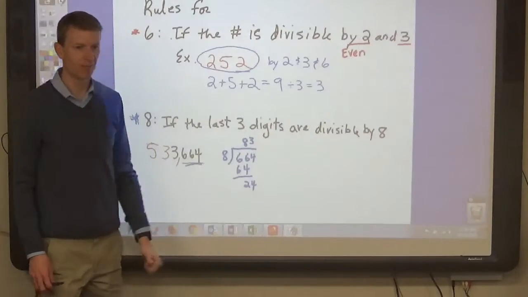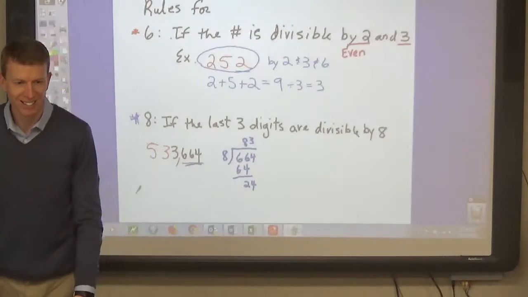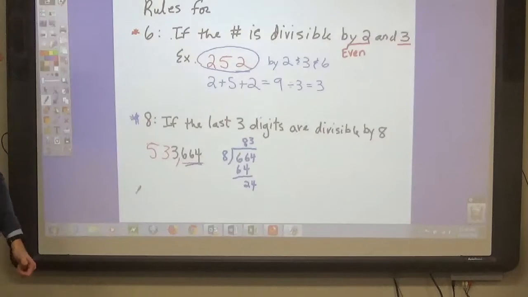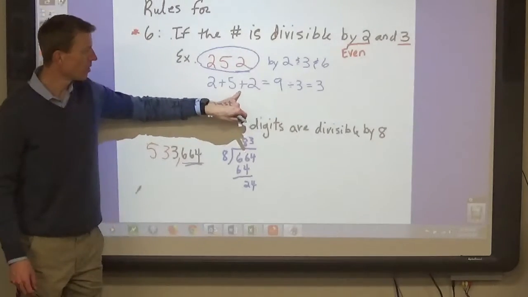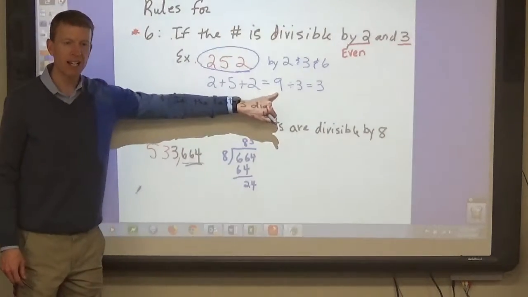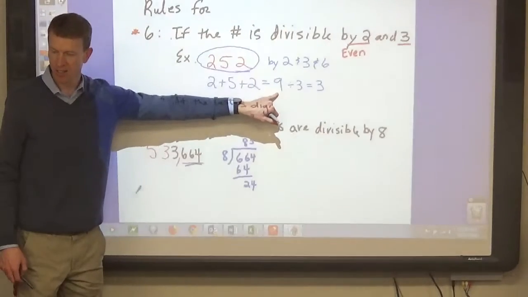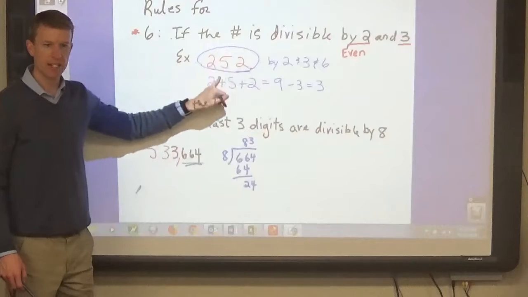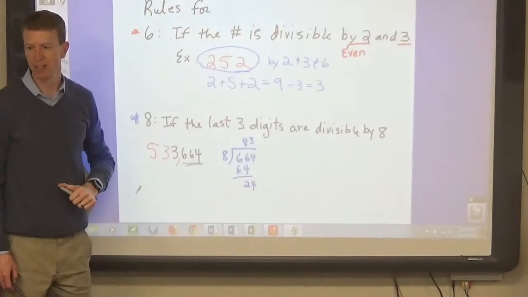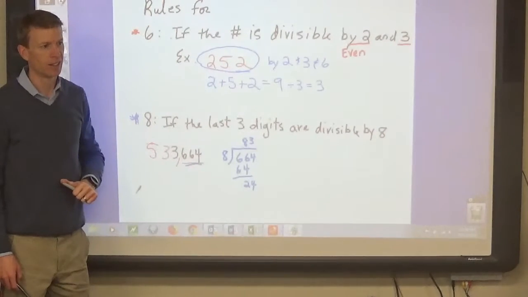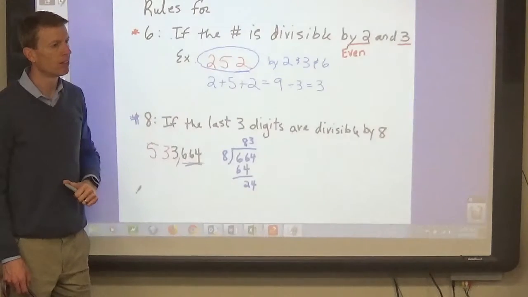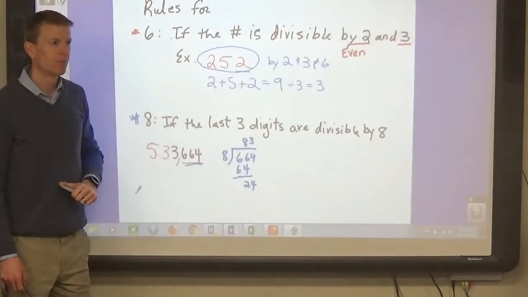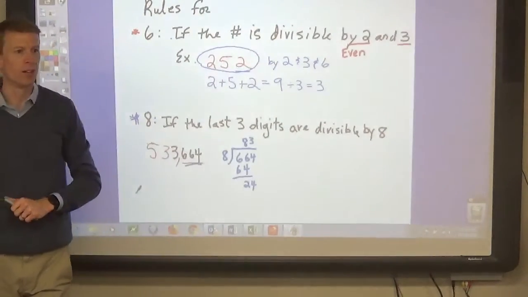Good. So 2 plus 5 plus 2 is 9. 9 is divisible by 9. And therefore this number is divisible by 9. Is it divisible by 5? Trevor? No, because it doesn't end in a 0 or 5. Good. Is it divisible by 4?